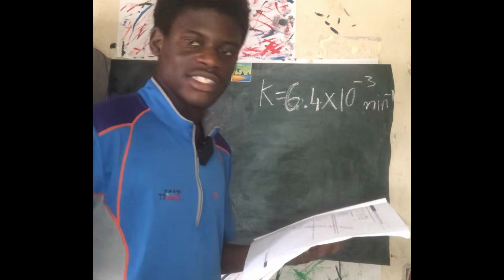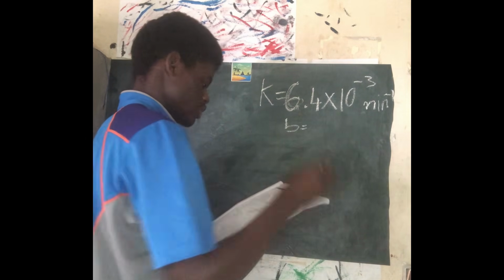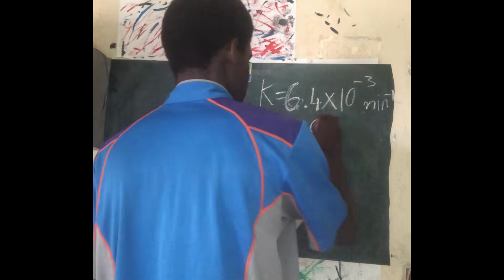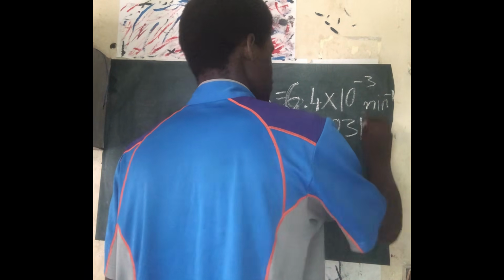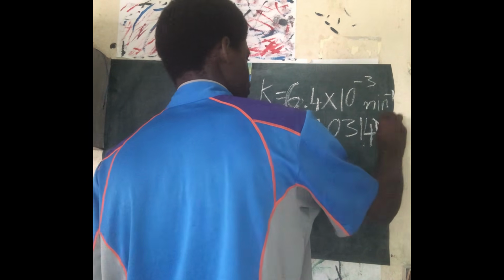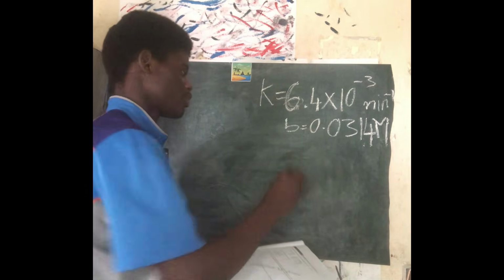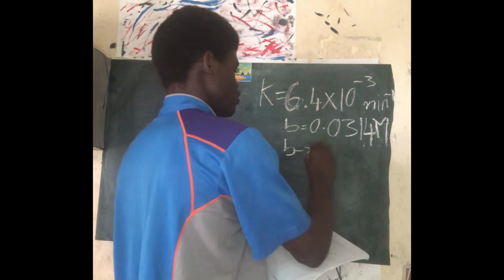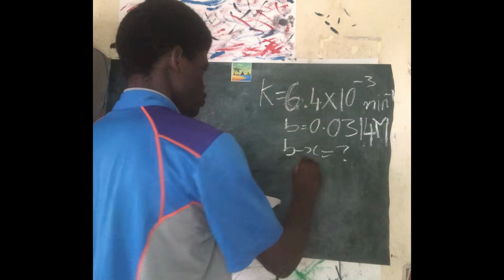If the starting concentration, that's the initial concentration, is 0.0314 molar, what concentration will remain? That's the final concentration. We're looking for the final concentration. What concentration will remain after 62 minutes?